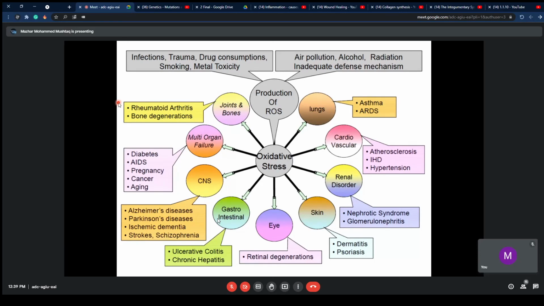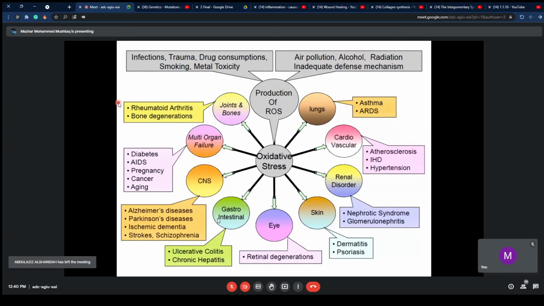And it is not only a certain type of cancer. If oxidative stress happens in, for example, the liver, it will affect the liver cells. If it happens in a certain part of the skin, it will affect the skin. If it is in the heart, it will affect the heart. If it is in the pancreas, it will cause diabetes. If it is in the CNS, it can cause Alzheimer's, Parkinson's. So it can affect anything.